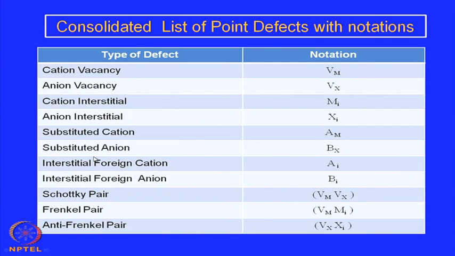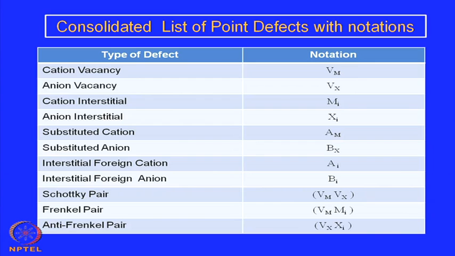Substituted anion, just like metal is getting substituted, A goes and sits at the M site, that is why Am. If B goes to the X site, that is the oxygen site, it will be Bx.